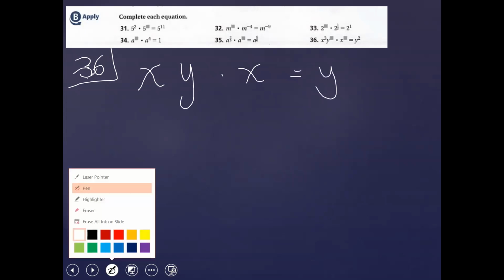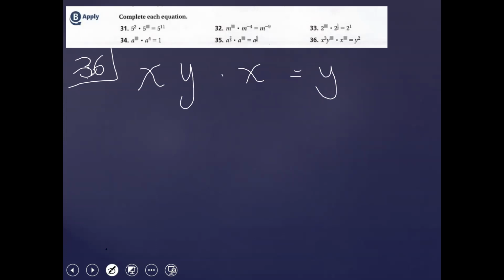I will write the powers with another color. Here we have 3, here we name it a, here we name it b, and we have a squared. Now look at here.